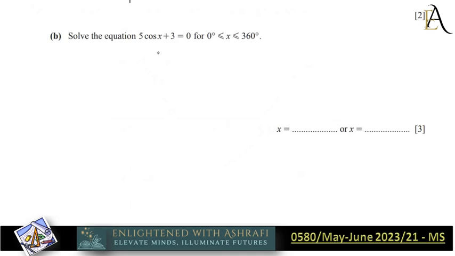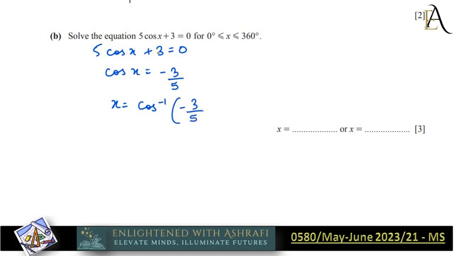Part B. Solve the equation 5 cos x plus 3 equals 0, where x is between 0 and 360. So 5 cos x plus 3 is equal to 0. So cos x is equal to -3 upon 5. x is equal to cos inverse -3 upon 5.